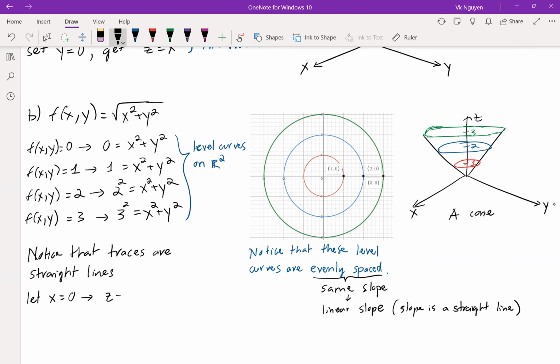Then z will be the root of y squared, but the root of y squared is the same as the absolute value of y. This is the straight line here. See, it's the absolute value, it's the straight line. And then also y equal to 0. z equal to square root of x squared, which is the absolute value of x. Yeah. Straight line.